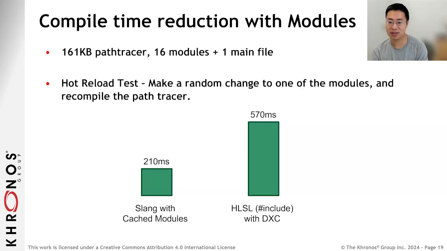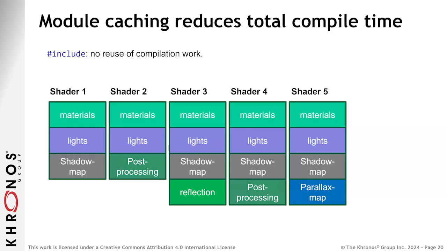So the time savings come from the fact that any module that is not changed does not need to be recompiled or rechecked. And here's another example that illustrates the benefits of modules. Let's say your game has 5 shaders implemented in 5 different files, and each shader will pound include the files that implement the shading features required by that shader.